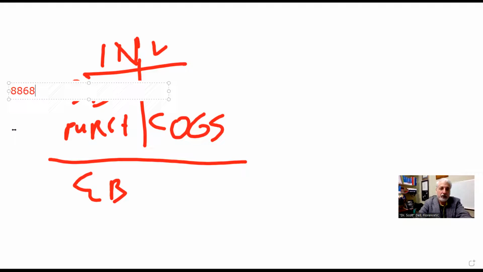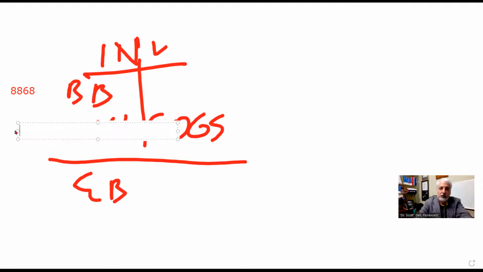My purchases. Go back here and it says, how much did I purchase? Purchases were 39 something. Sorry, let's try that again. My purchases, 39,273.